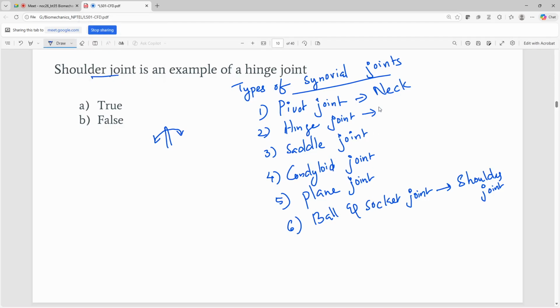Yes, knee and elbow both can be said to be examples of hinge joint.